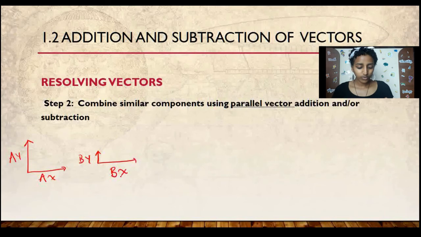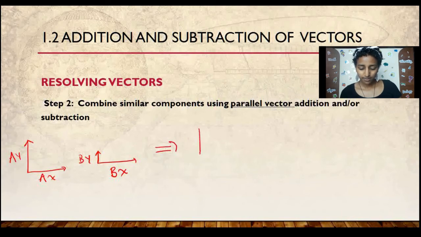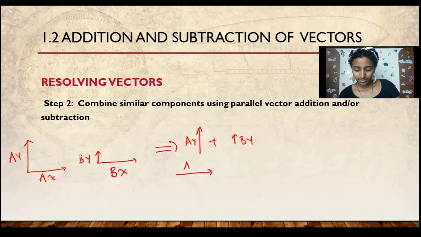Correct? Now, what do you see here? We see that AY and BY are parallel to each other, and AX and BX are also parallel to each other. So we combine the two. So we can change this to AY plus BY and AX plus BX.